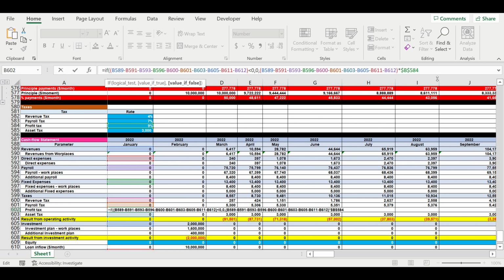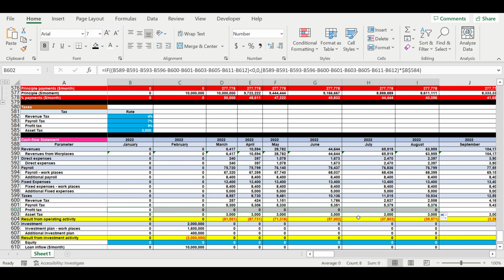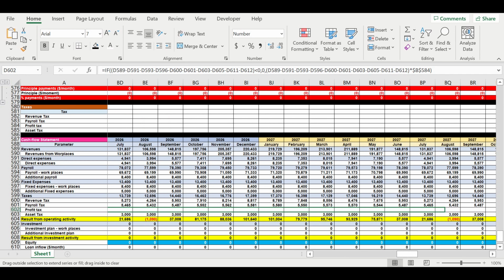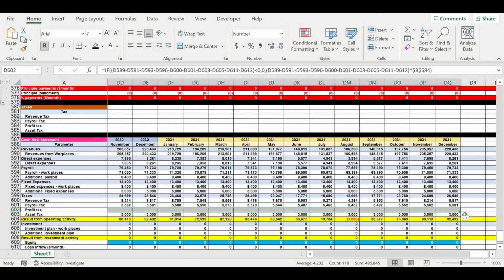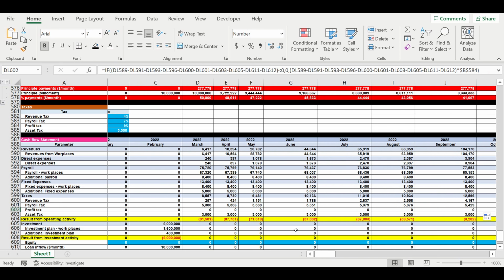And now we're closing brackets. Now we're extrapolating this formula to the right. And now we see how the tax has been calculated.